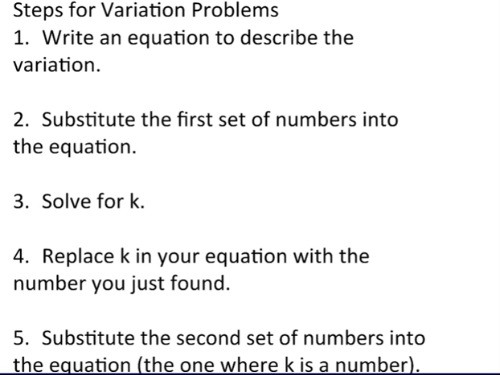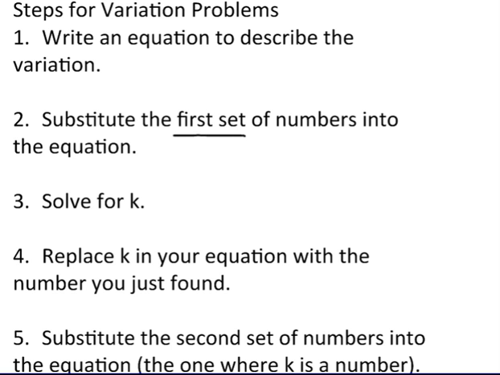Steps for solving variation problems. First thing you want to do is write an equation, just like we have been doing. Next, I'm going to be giving you numbers to substitute in, and I'm going to give you two sets of numbers. So if you notice that one of the variables has two different values, there's a reason for that.